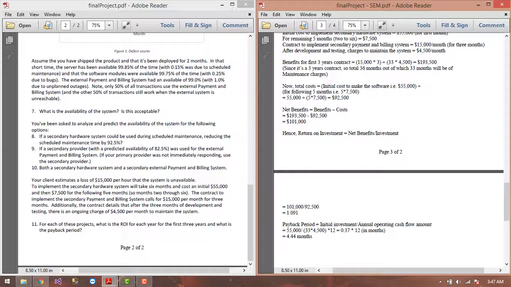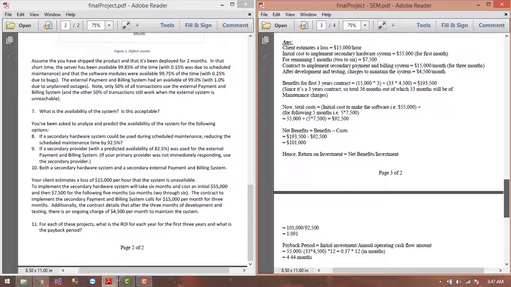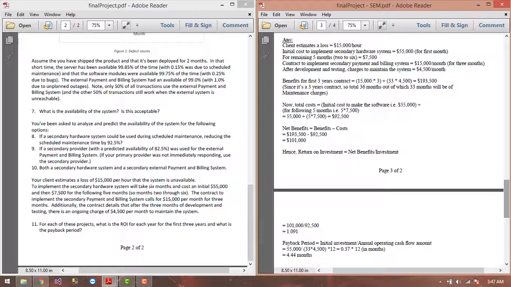The benefits for the first 3 years contract would be 15,000 multiplied by 3, that is for 3 months, plus, as 3 years is equal to 36 months, for the remaining 33 months it will be multiplied by 4,500, that is for the charges to maintain the system after the development and testing. So it comes up to $193,500, the benefits for the first 3 years contract.